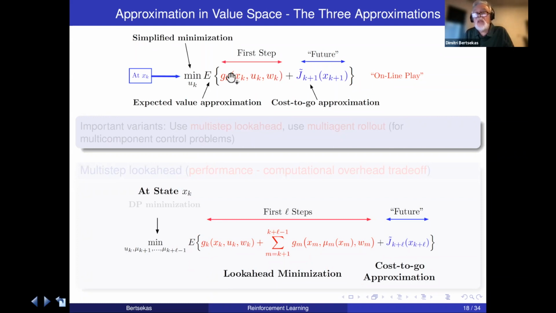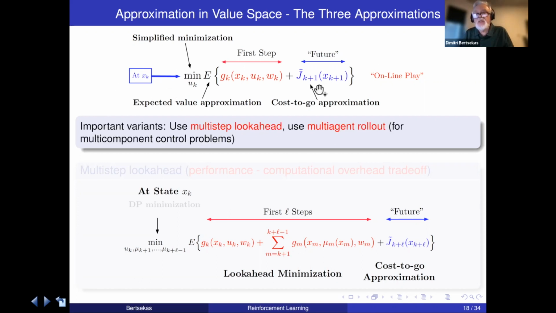Even though it involves only one stage and one random variable here, this expected value computation has to be done for all controls. So it can be a difficult computation, and we're going to see ways of approximating this expected value. So the three approximations can each be done in a variety of ways, and the choices can be combined in an approximation in value space scheme.